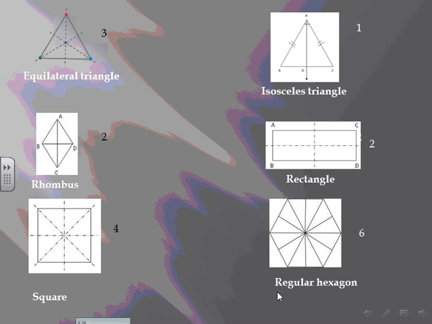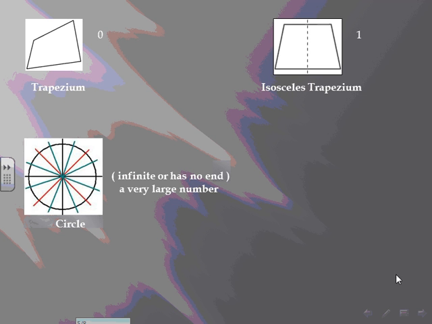Regular hexagon. The regular hexagon is a polygon that has 6 equal sides. So, how many lines of symmetry do we have in a hexagon? We have 6 lines of symmetry. The trapezium has no lines of symmetry, 0 lines of symmetry.